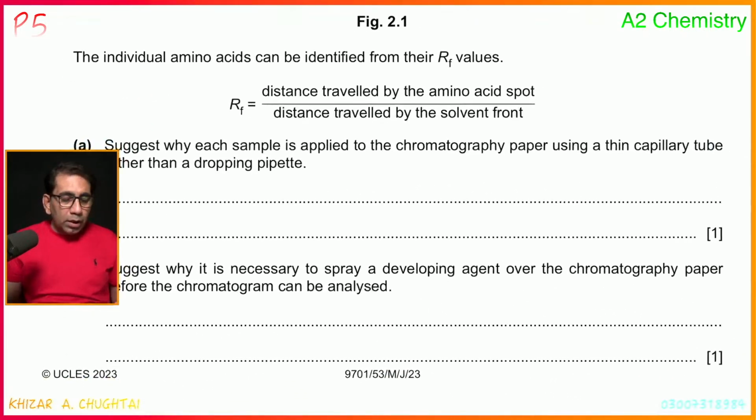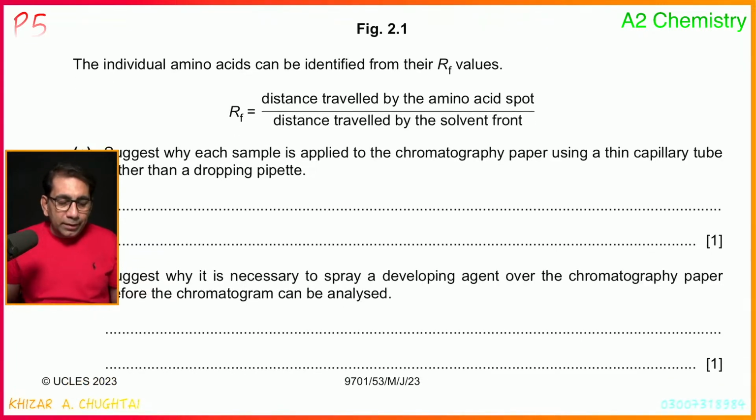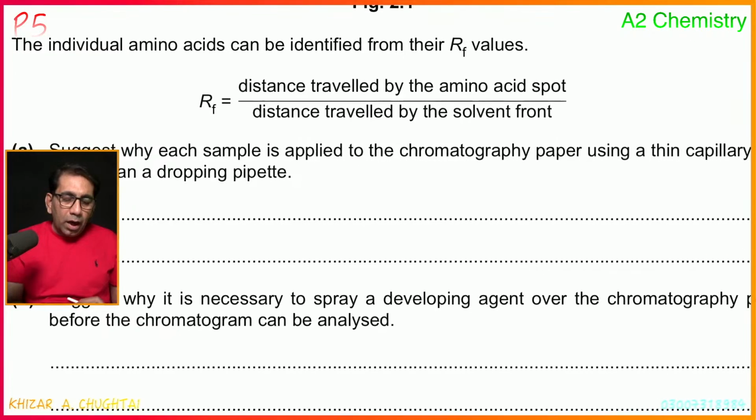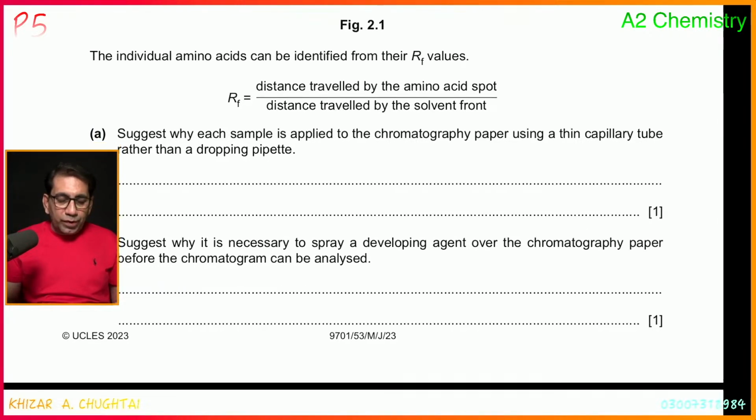Now what is the basic information over here? The individual amino acid can be identified from their RF values, and here is the formula. RF equals distance traveled by the amino acid spot divided by distance traveled by the solvent front. Now the question starts over here.